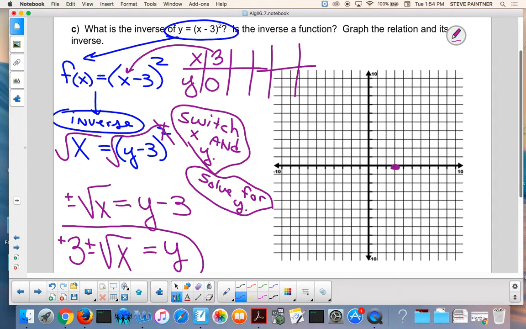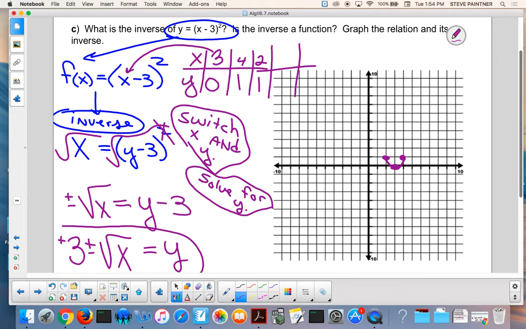4 or 2. Okay, put a 4 in. What's 4 minus 3? 1. 1 squared, 1. Put the 2 in. 2 minus 3, negative 1. Negative 1 squared, 1. Looks like Isaac was right. He said right 3.